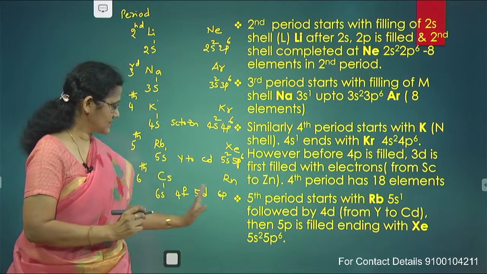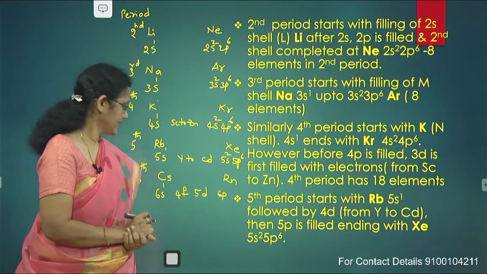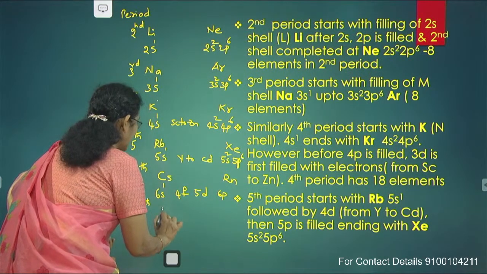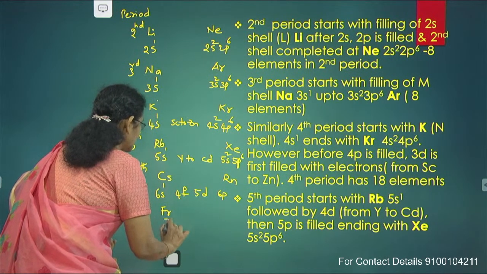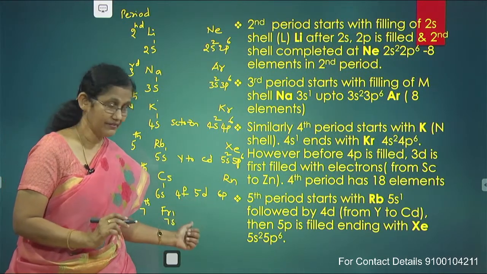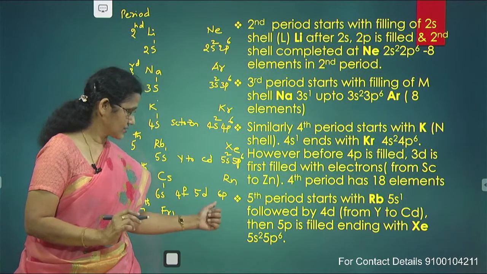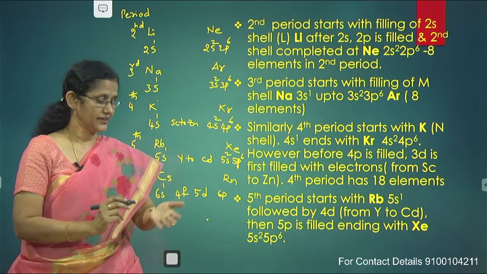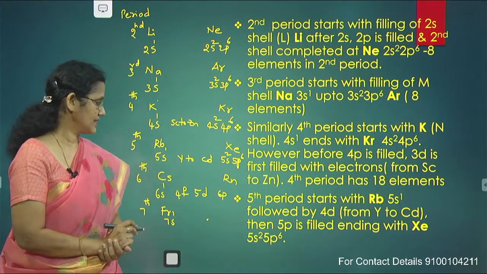So, this is just the order of filling. Next, the seventh period, we have francium onwards, 7s1. After 7s we have 5f, 6d, 7p. So, that is the order of filling of different energy levels, right.